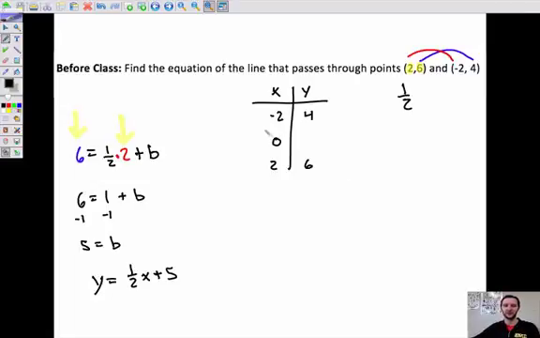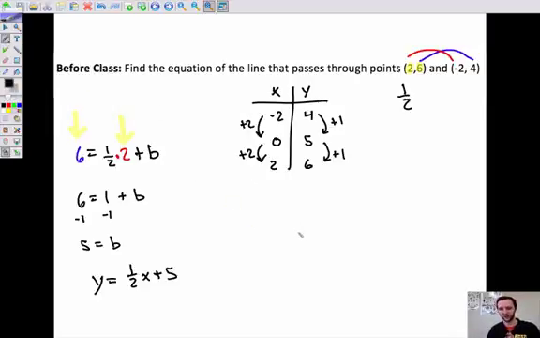Okay? So if I am increasing x by 2, then I've increased y by 1. Okay? And so if I go from -2 to 0, then I have to go from 4 to 5. Okay? You can also think of this 0 being halfway between -2 and 2, and so then you just have to pick the number that's halfway between 4 and 6. Okay?